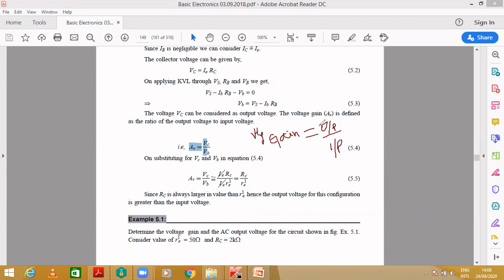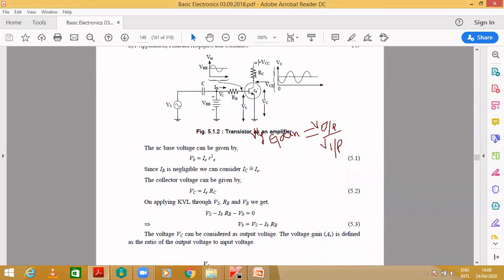So what is the output voltage? Where are you taking the output voltage? Here you can see the output is taken across the collector, and it is VC. Where you are giving the input at the base, it is VB. Input is VB, output is VC.